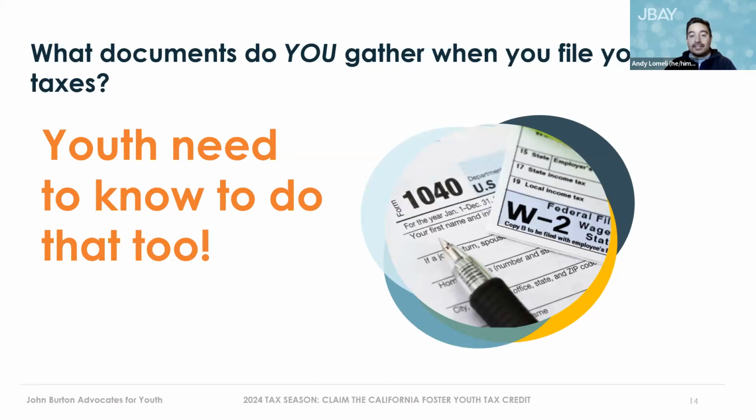Maybe you need 1099s if you are self-employed, if you do something like drive for Uber or do grocery delivery, things like that, then you get a 1099. If you work for an employer, then you're going to get a W-2. If you have certain qualified expenses, then you have receipts. If you received financial aid or were enrolled in school, you have a Form 1098-T. The list goes on, and we'll go over those very briefly.